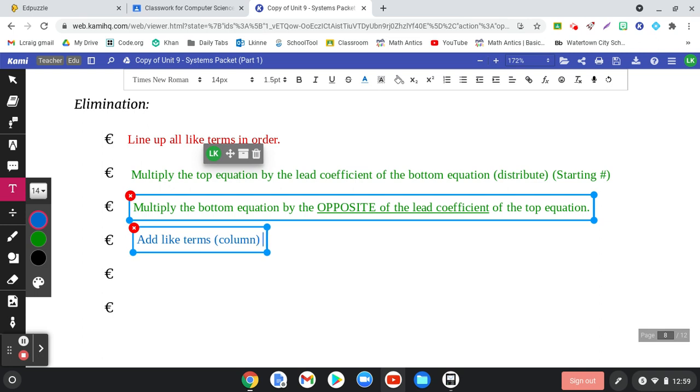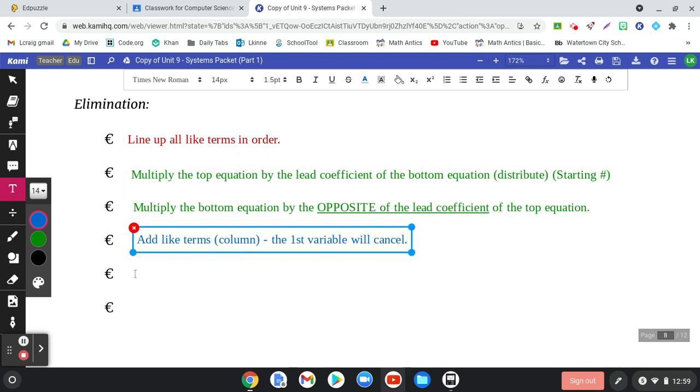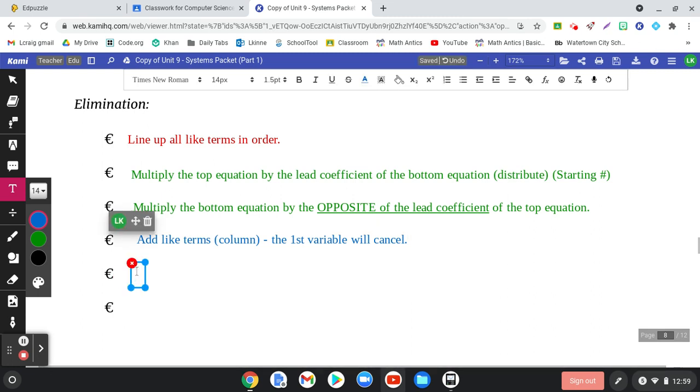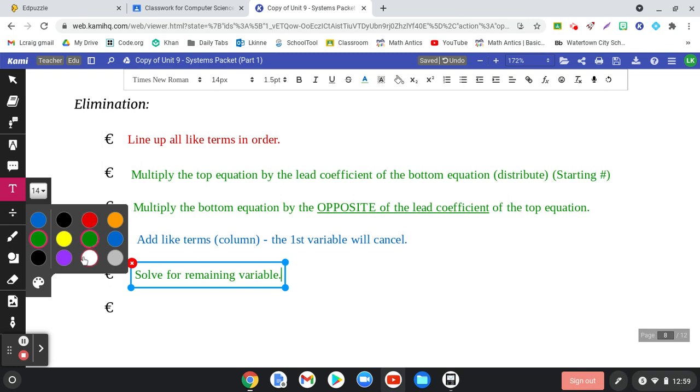And when you do, the first variable will cancel. Then we're going to have basically a small, simple equation to solve. So solve for the remaining variable. And then our last step is going to be exactly as it was yesterday, or in our last lesson.